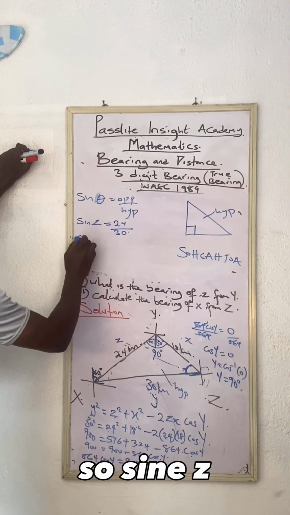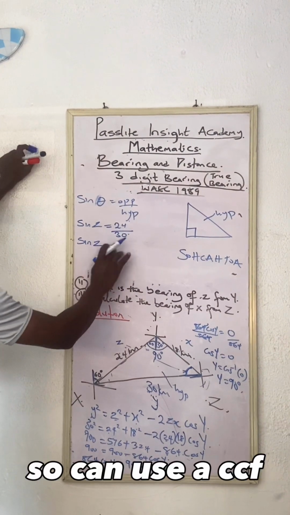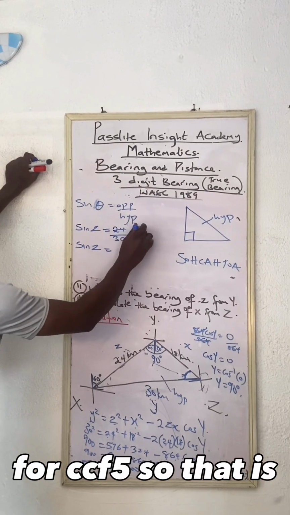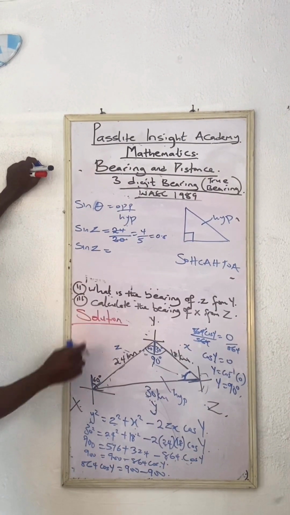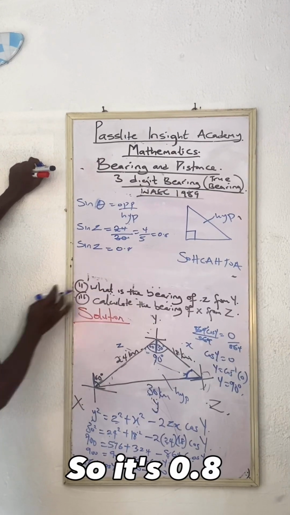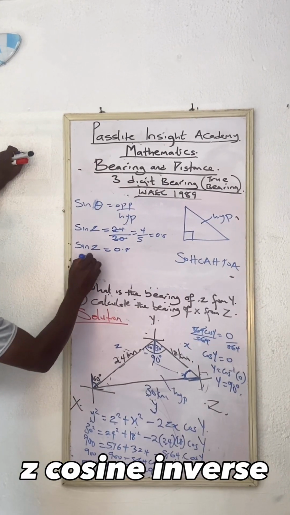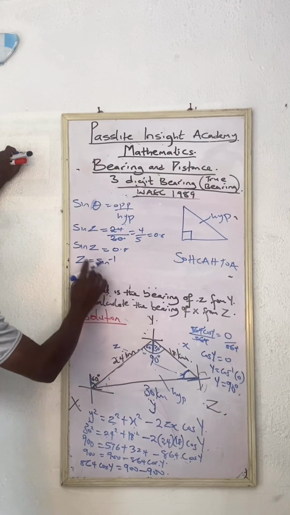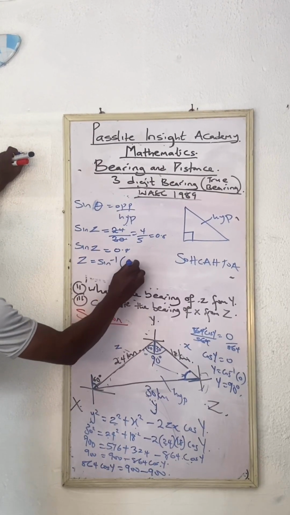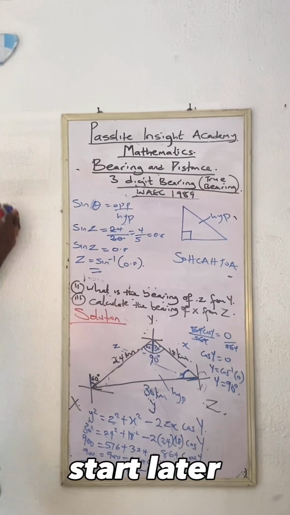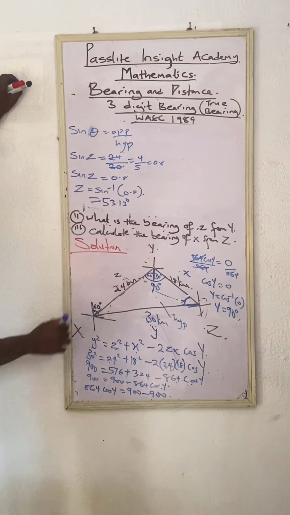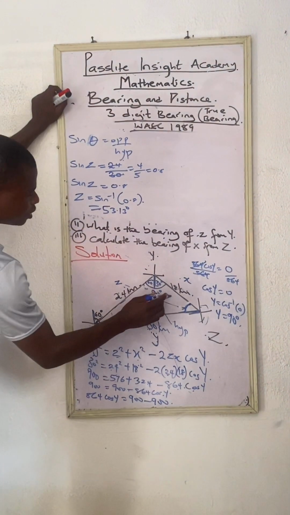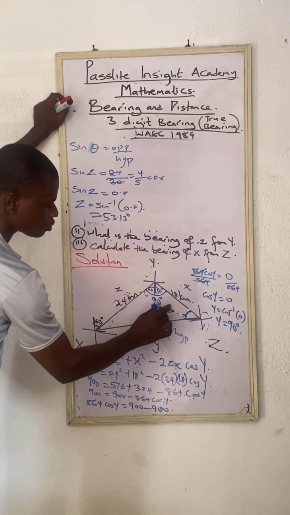So sine Z is 24 over 30, which is 0.8. So Z is sine inverse of 0.8. Let's calculate. That is 53.13 degrees. So this place is 53.13.